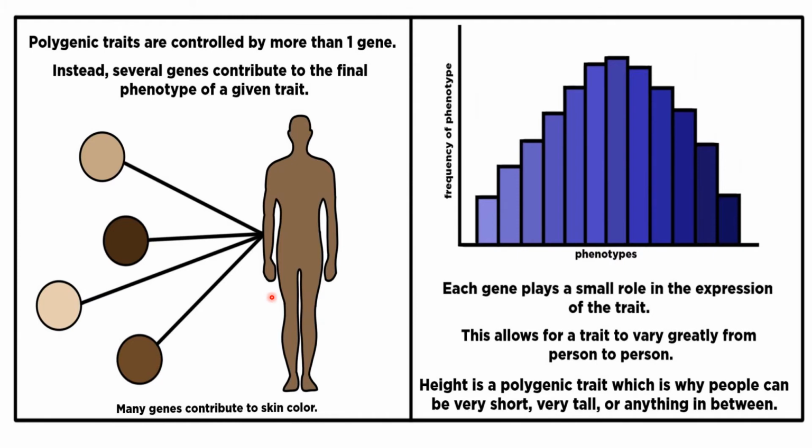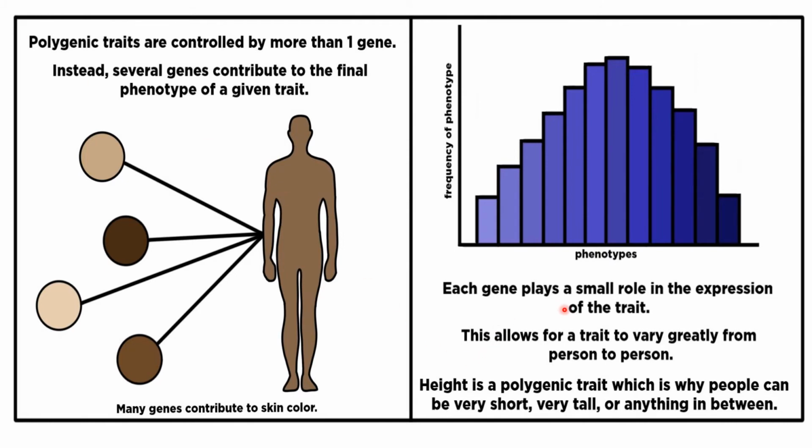For example, the skin color. Many genes control the color of the skin, the pigment, and finally they all contribute to the trait of the skin. All genes contribute a small amount to the phenotype shown by the organism.